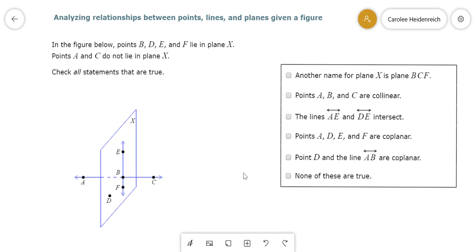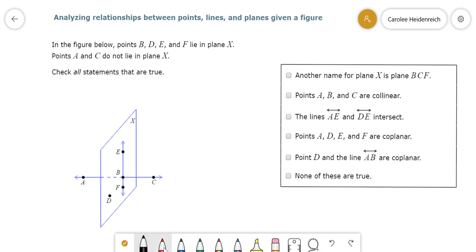Now, we're going to get into some of the nitty-gritty in just a moment, but some of this can be a little tricky with what we're thinking these definitions are. So here we go. This first part, we're supposed to check all statements that are true. It also tells us specifically which points lie in plane X and which do not.